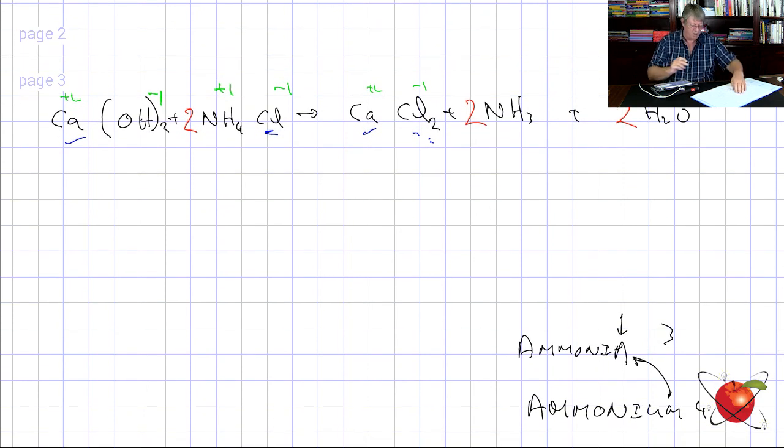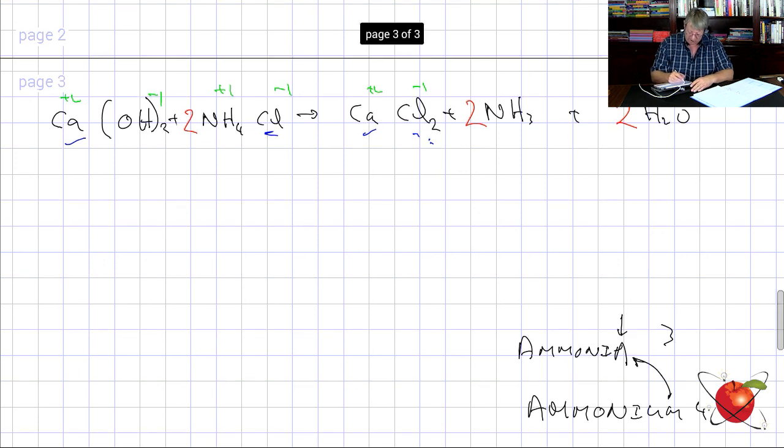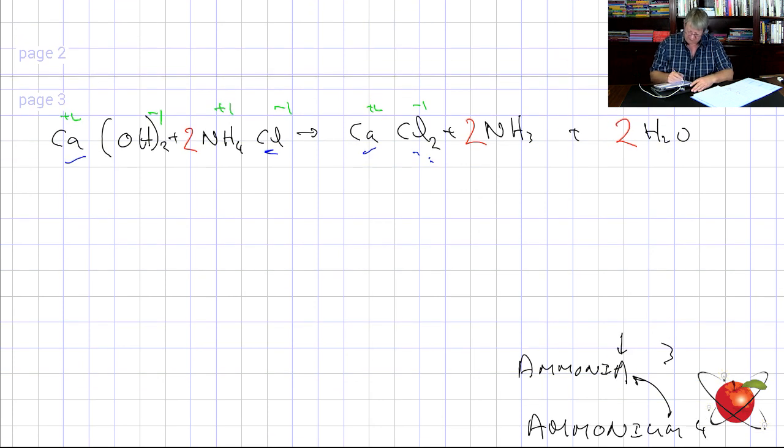The last one they said is a decomposition reaction, a decomposition of mercury oxide. That means we have to know mercury oxide is going to be Hg and O. Mercury, if you have a look at your normal, is +2, -2, so straight away they are balanced.